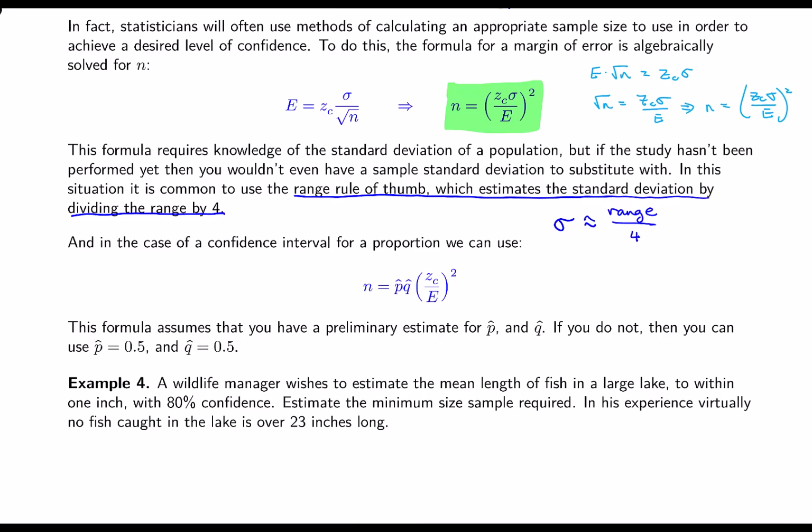If you have a value, that's great. If not, then what you can do, similar to the previous, is just use p equals 0.5 and q equals 0.5. And this, in fact, maximizes the value of n that would be used. And so it's kind of like a worst case scenario. This is the sample size you should use.